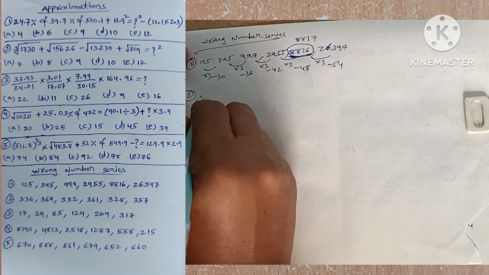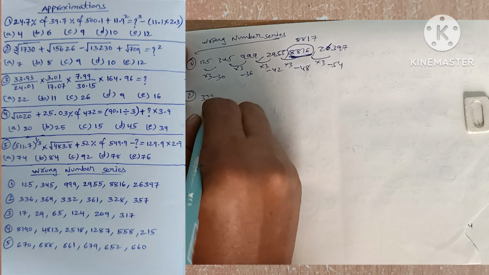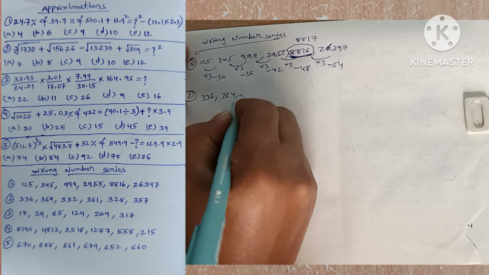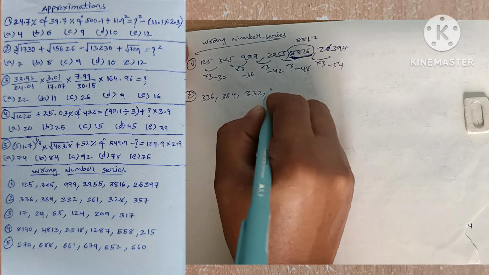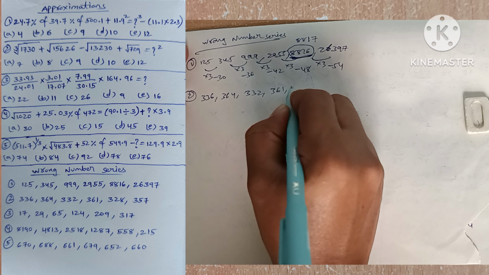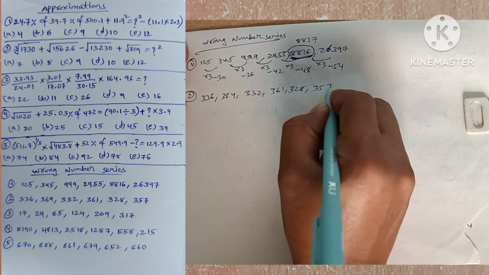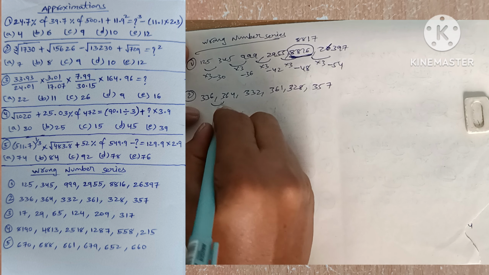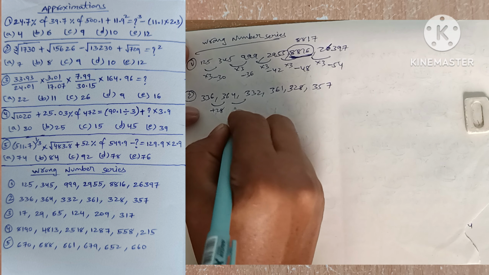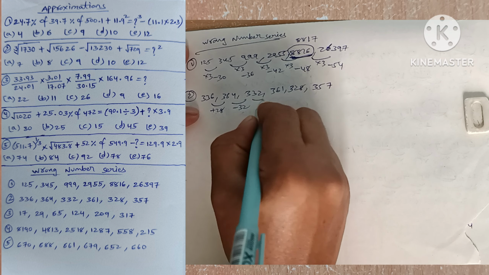Second one. 336, 364, 332, 361, 328, 357. Here the difference is 28. Difference is 32 plus 29, minus 33, plus 29.